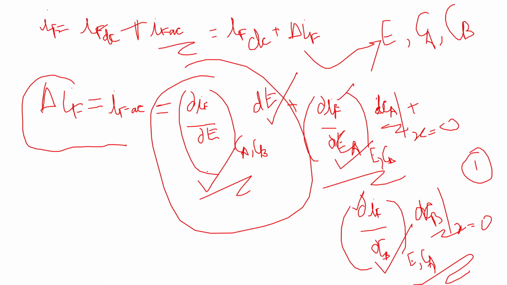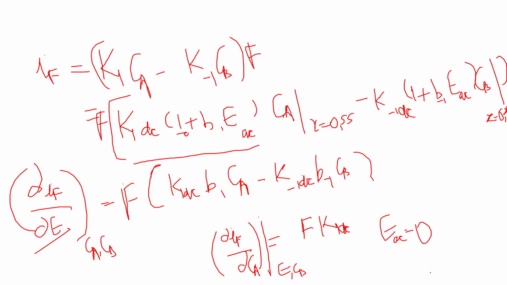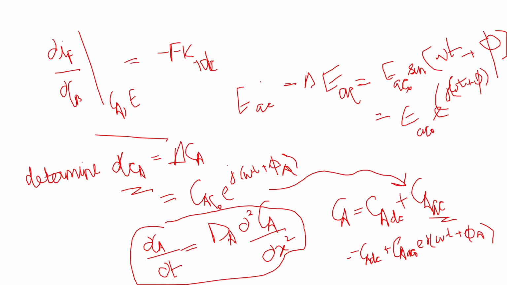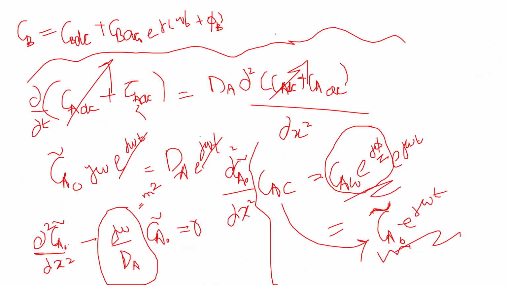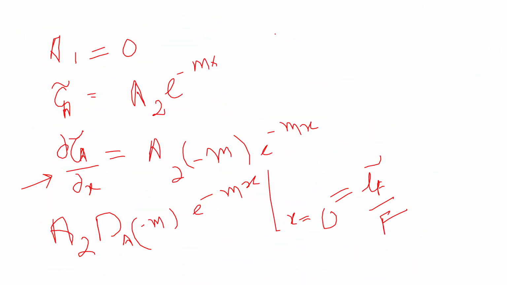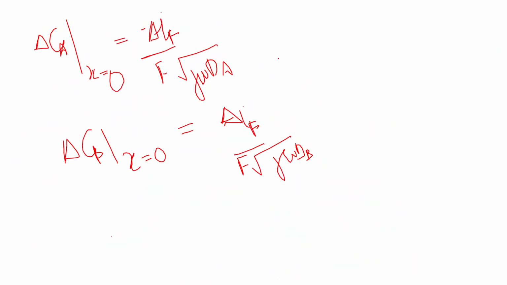You have dou IF by dou E, dou IF by dou CA and dou IF by dou CB here, E is equal to EAC. Finally, you have del CA and del CB. So substitute, and you should find out del IF.